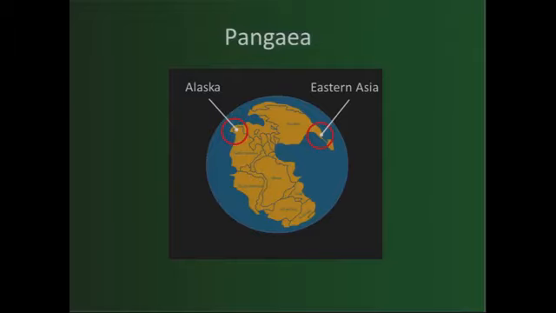Not for very long in their thinking. Prior to this, in the supercontinent Pangaea, Alaska and Asia were separated by thousands of miles of ocean, by all the water on the far side of the globe.